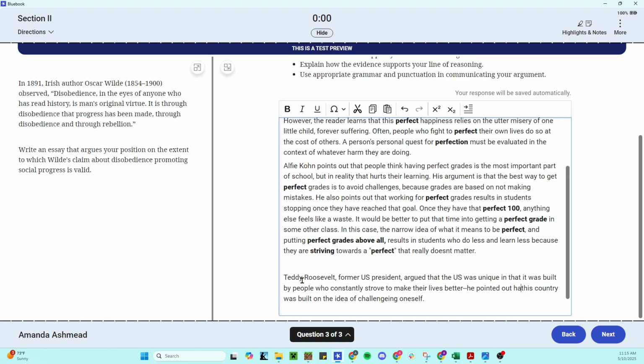He pointed out that most Americans, in his time period, were either pioneers or the descendants of pioneers. And he suggested that legacy left us with a tradition of always trying to make things better.